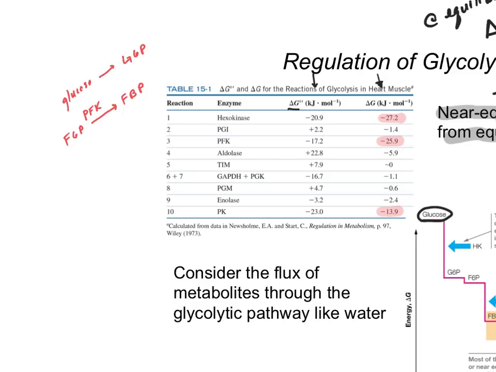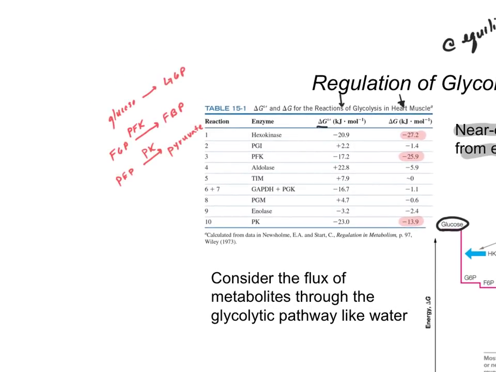And then the last one, pyruvate kinase, takes PEP, phosphoenolpyruvate, and turns it into pyruvate. It is the last little step in glycolysis. Now, if we're trying to consider which one of these is going to be the major flux controlling enzyme, how beneficial would it be to have that last step be the way that we control the overall flux of metabolites through the system?